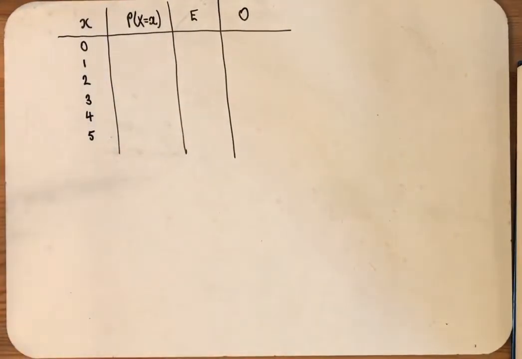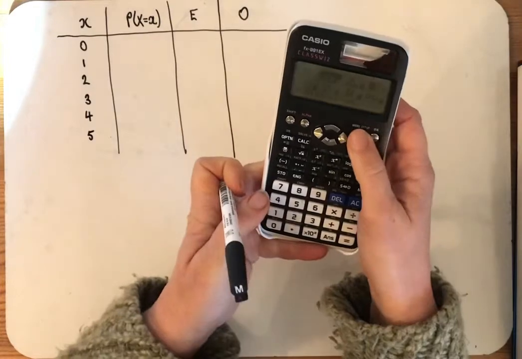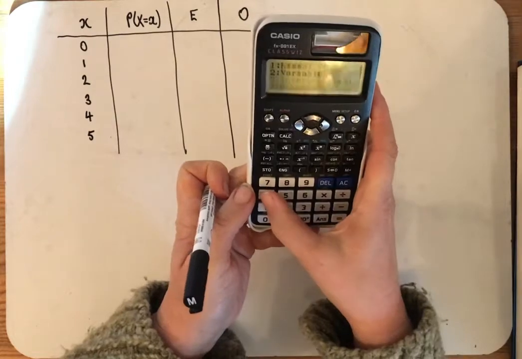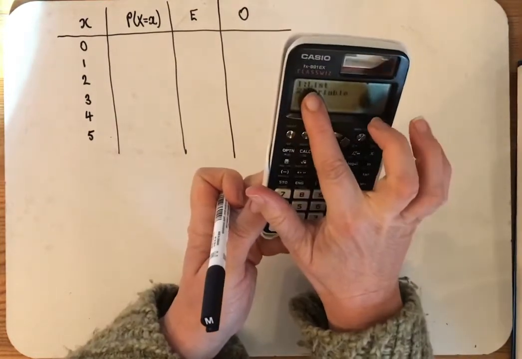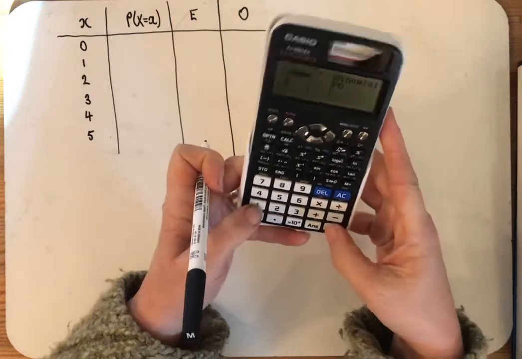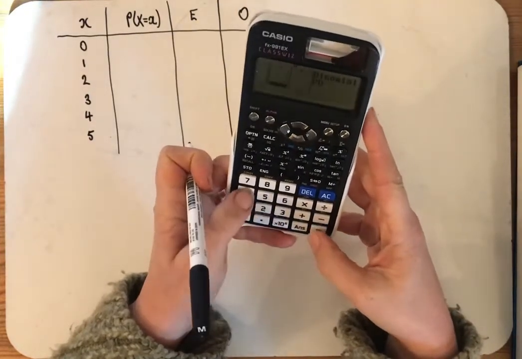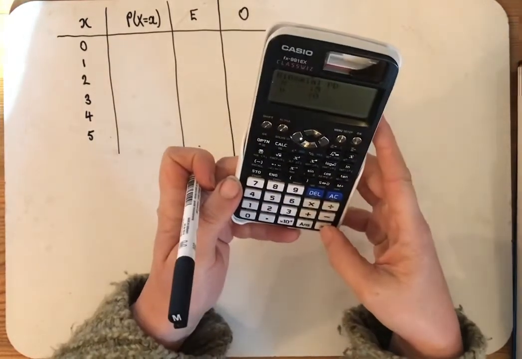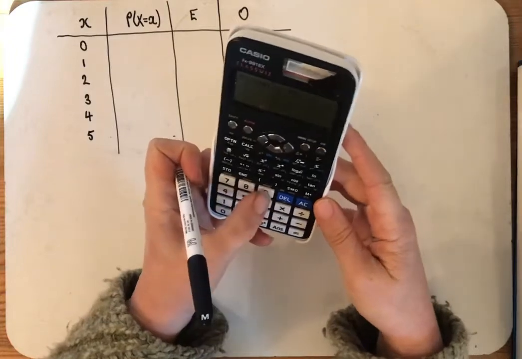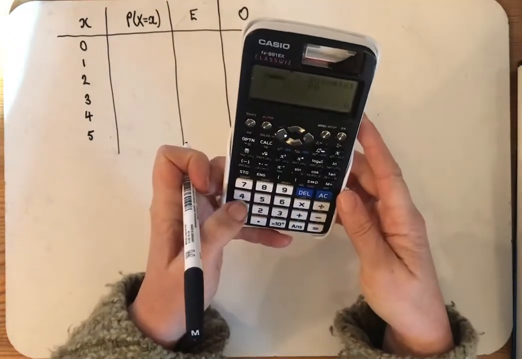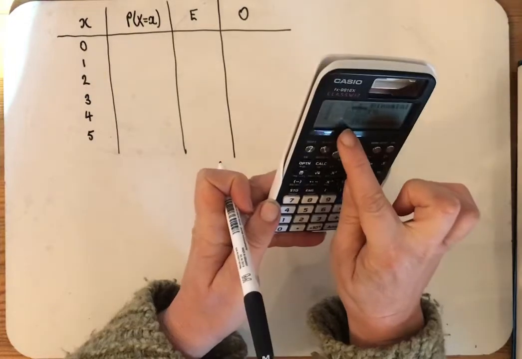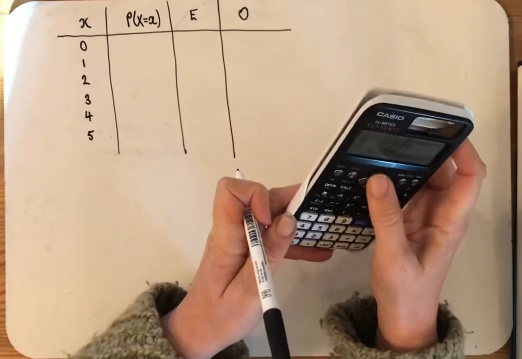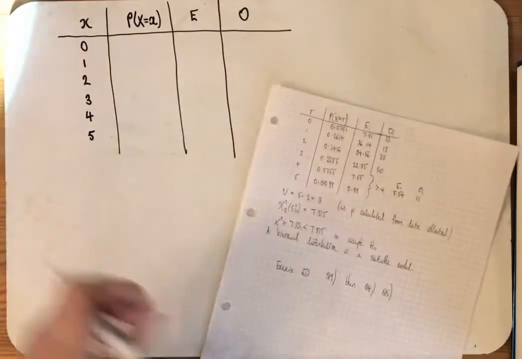And to get the probability x equals x, you go menu 7 on your calculators, and then it's binomial PD, option 4, and this time we want a list, and then you can put in your x values down the left hand side, and then if you just press equals on one of them you can put in n as 5 and p is 0.398. Remember the table truncates, so you should be reading from the bottom so you don't get a rounding error. So I'll just write these in.